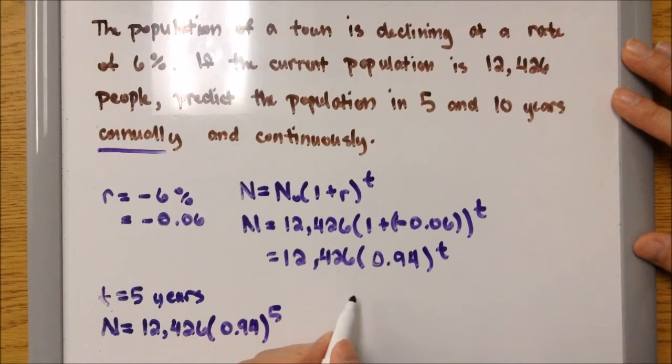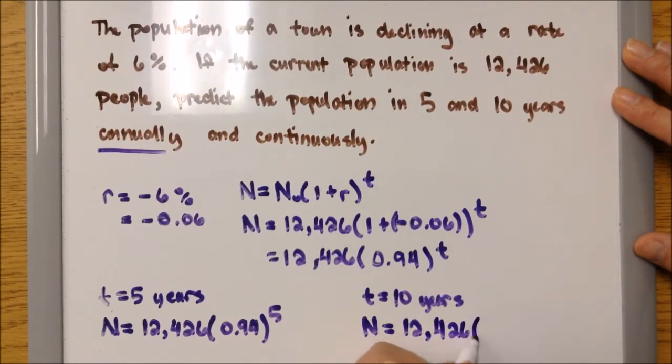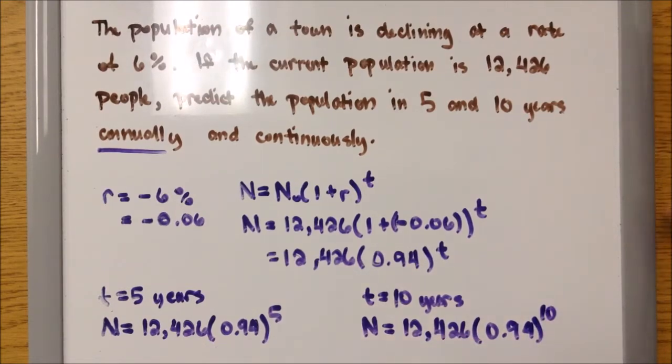Now if I ask you the predicted population in 10 years, t is 10 years now. So the setup, or the model, is N equals 12,426 times 0.94 to the 10th power.